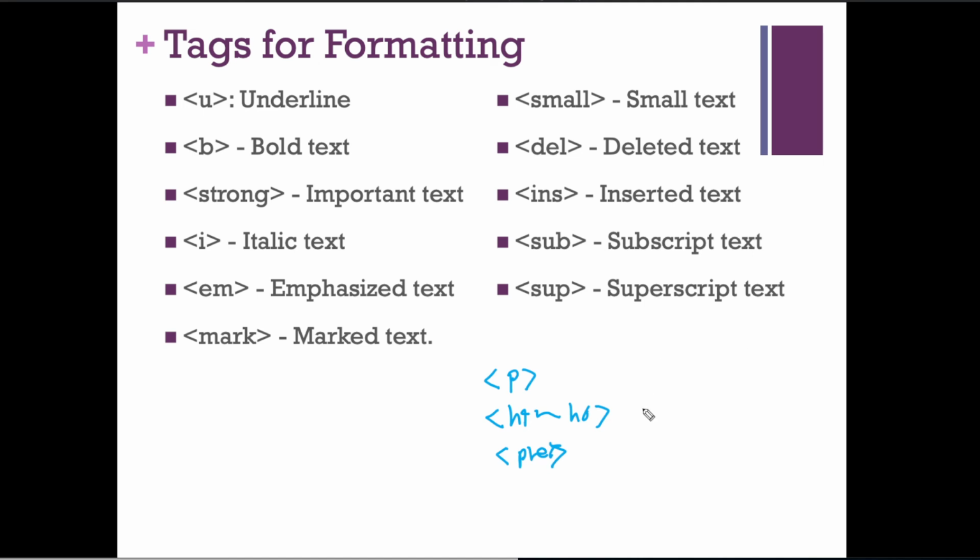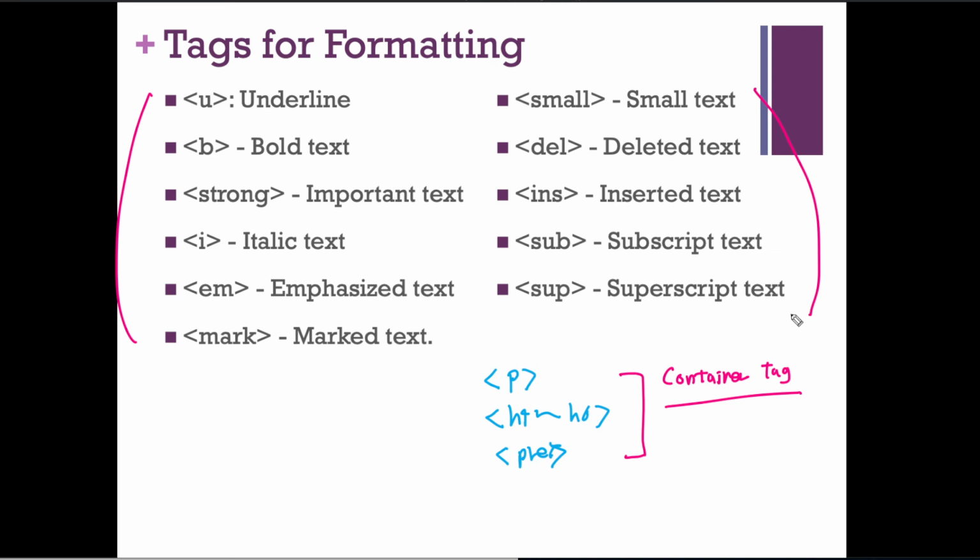I will call these container tags, which means they can contain content from you. But all the tags you see over here are not container tags. These are formatting tags.